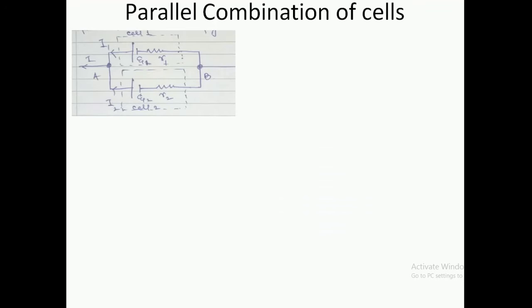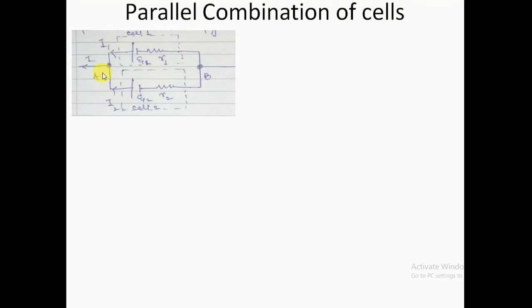So let's do the parallel combination. Out here, this is cell number 1 having EMF E1 and internal resistance R1, and cell number 2 having EMF E2 and internal resistance R2, and the current flowing through cell number 1 is I1 and through cell number 2 is I2, and these two currents are getting added and making the current I. So I can write I is equal to I1 plus I2.